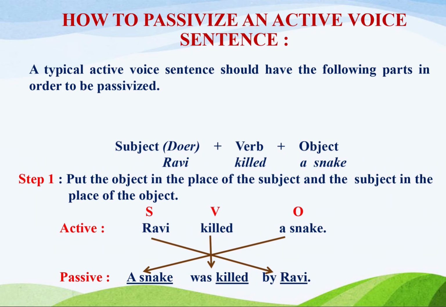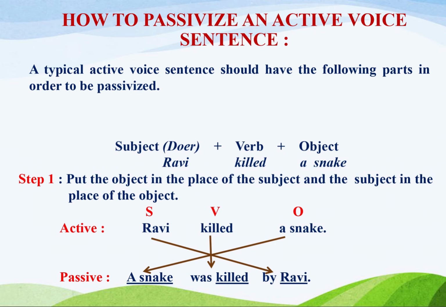Ravi is the subject, the doer, the verb is killed, and the object is a snake. Now, the first step in this procedure of transformation, follow step 1. Put the object in the place of the subject and the subject in the place of the object.